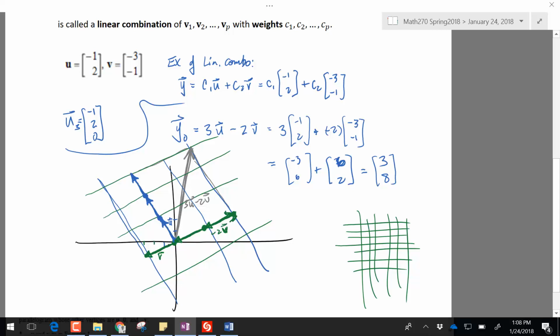I don't know if these two are perpendicular or not, but with a slanted grid, they can cover the whole plane. That's an interesting idea that we're going to uncover later on. But for now, the idea of a linear combination just says you have a set of vectors, you scale each one and add them all up, and you end up with another vector. Okay? All right.